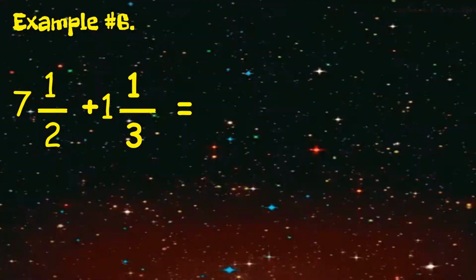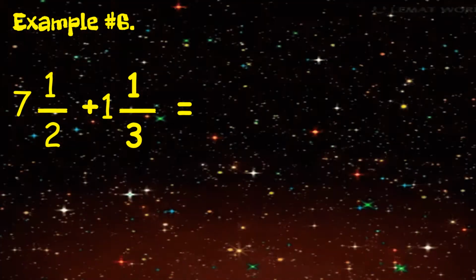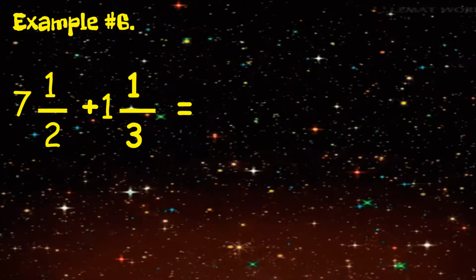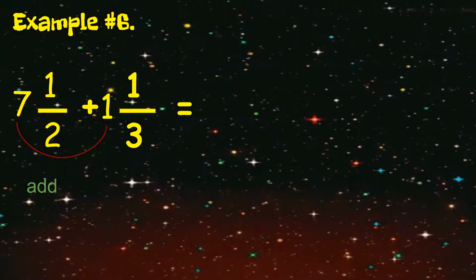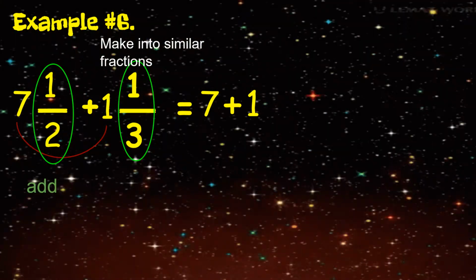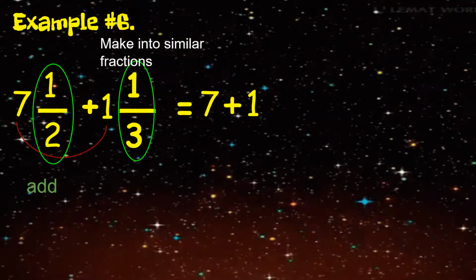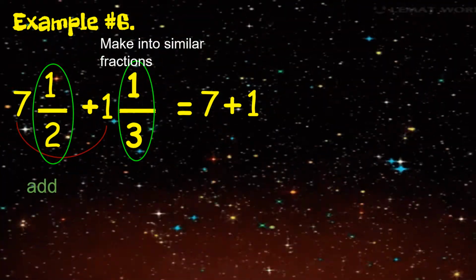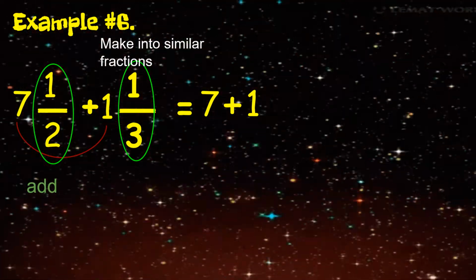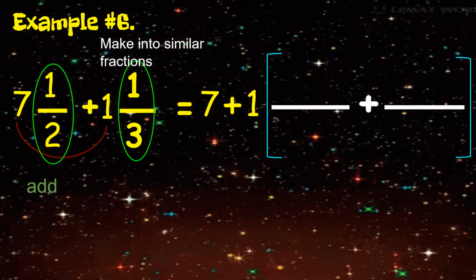Example number 6. We have 7 and 1/2 plus 1 and 1/3. Let's add 7 and 1 as the whole numbers and then the fractions. Because they are dissimilar fractions, or having different denominators, let's get the LCD of 2 and 3.